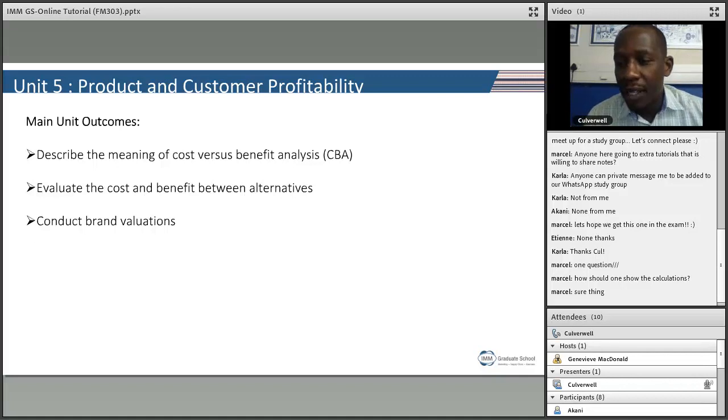If it's not giving us a positive NPV, it's not worthwhile to go and implement such a product.